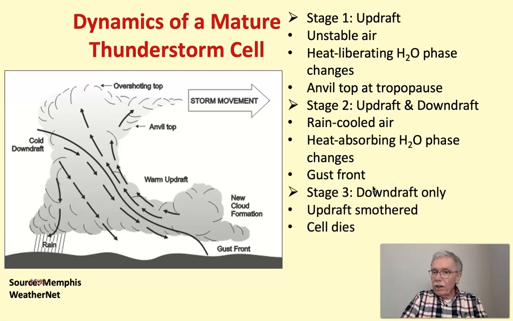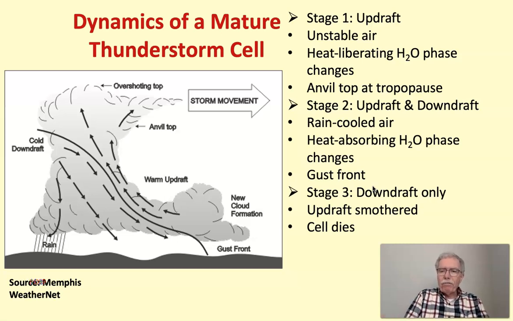Finally, stage 3. Stage 3 is where the updraft ceases and all you have is the downdraft. The downdraft smothers the updraft and the cell finally dies. I like to think of stage 3 as like one of those holiday ornaments, like a snowman that has a hot air fan inside to keep it inflated.